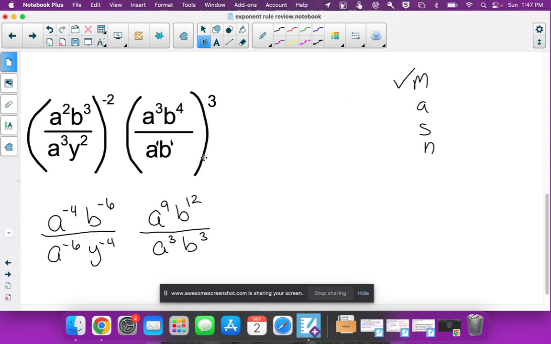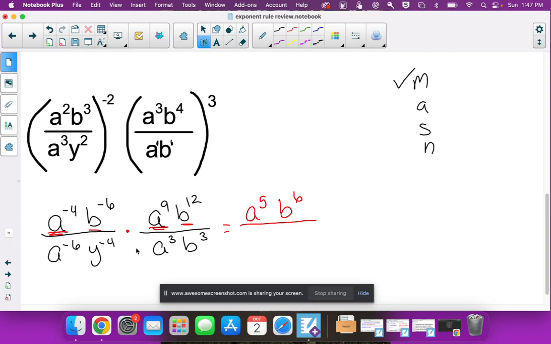So multiplication rule done. All right, addition rule. So we're going to add. And remember that when you multiply fractions, you multiply top times top and bottom times bottom. So this works the same way. I have a like base here with the -4 and the 9. So that's a to the 5 since I have to add those together. And then with the -6 and the 12 for the b, that's going to be b to the 6th. So I've multiplied my top together.